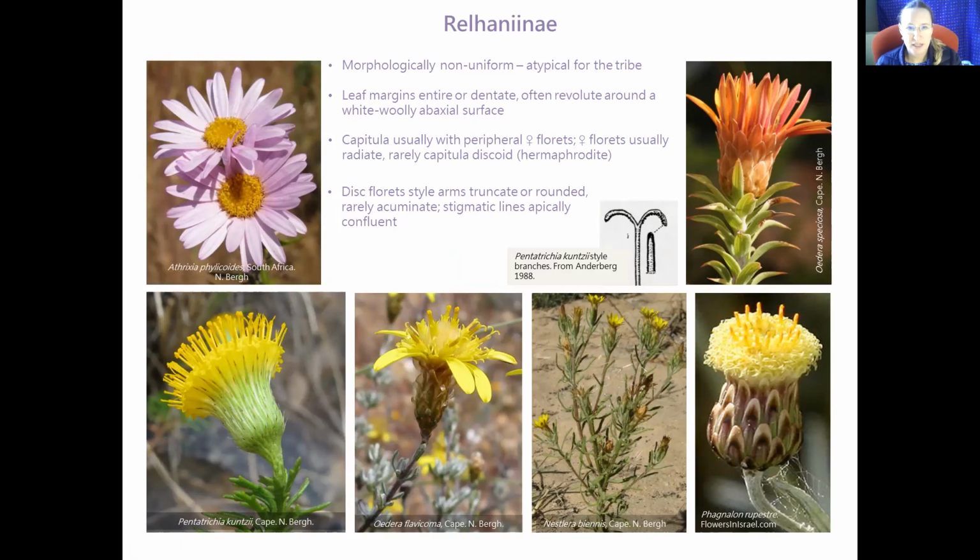And although the capitula usually have peripheral female florets, which is typical for Gnaphalieae, in the Relhaniinae, unusually, those female florets are usually radiate, and the rays can be yellow or pink and white. Although there are also species with discoid or hermaphrodite florets. And the disc floret style arms can be truncate, which is the typical feature for Gnaphalieae, or they can be rounded or even acuminate, in which case those stigmatic lines meet at the apex.